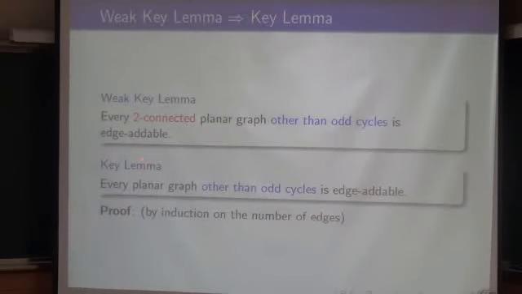Then now, our goal is to show the key lemma, and until now we showed the weak key lemma only for 2-connected planar graphs. So now I will show the key lemma from the weak key lemma. This is by induction on the number of edges.